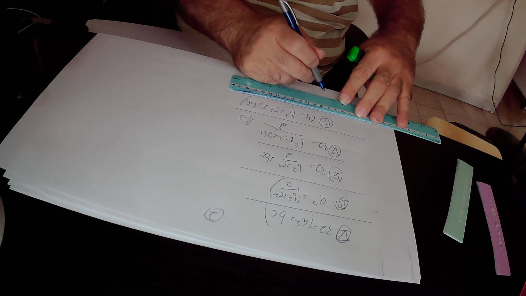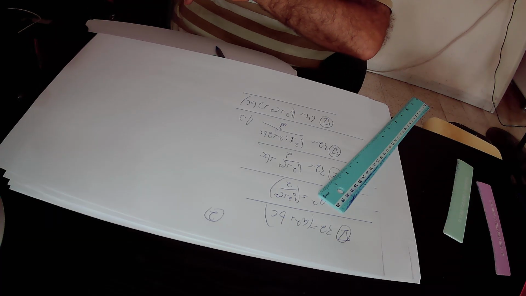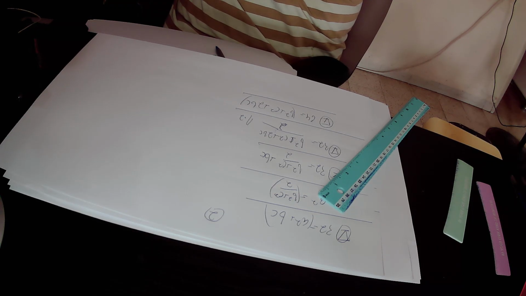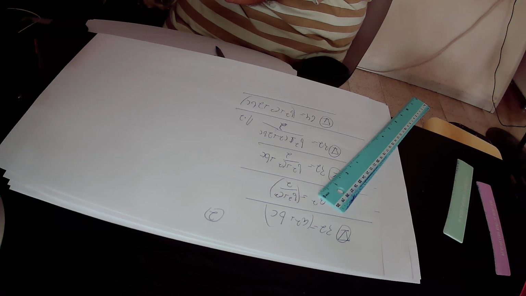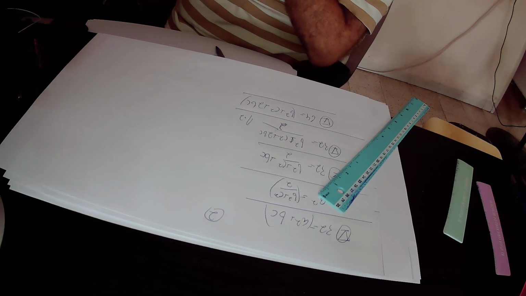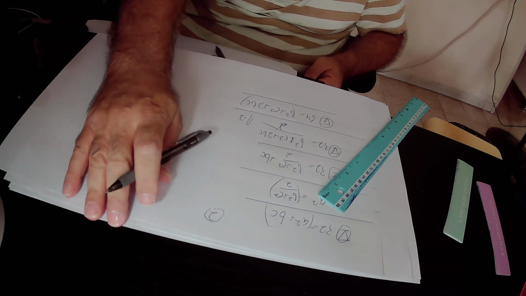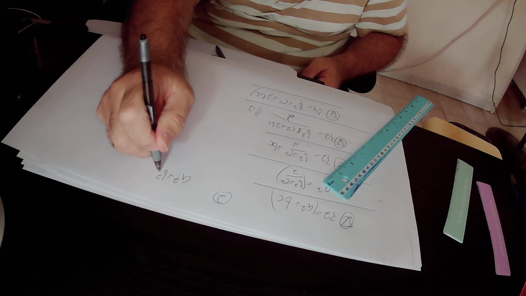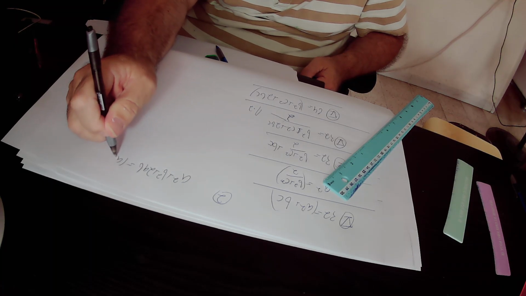Here we use the algebraic identity that states that a squared plus b squared plus 2 times a times b equals (a plus b) squared.